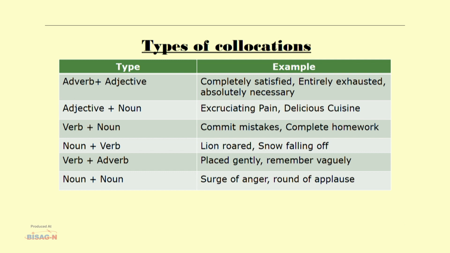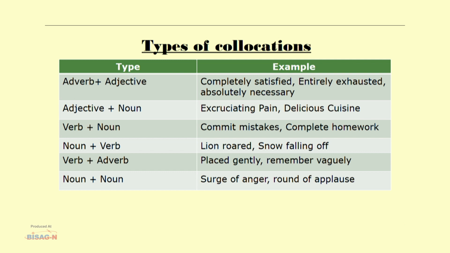Let's move on to the next set of collocations. It says we can have verb plus noun. We can also have noun plus verb. We can also have verb plus adverb and noun plus noun. Some of the examples listed under verb plus noun is commit mistakes, where commit is a verb and mistake is a noun.